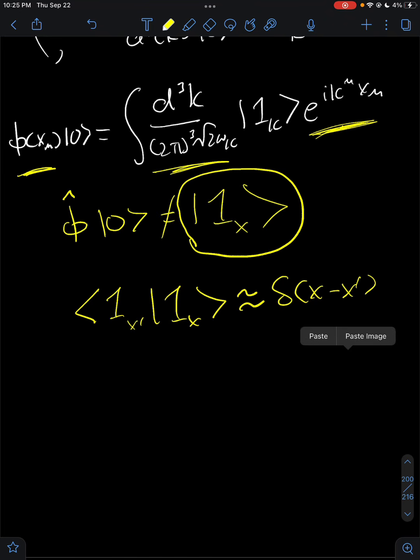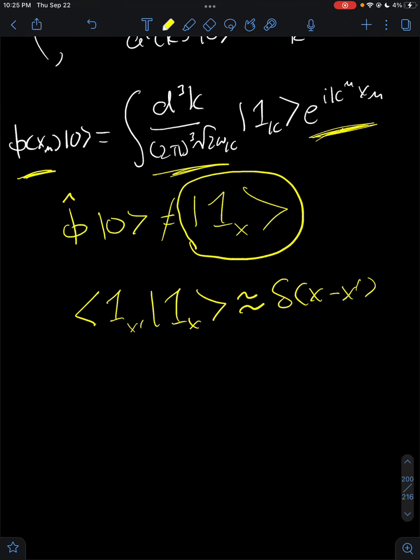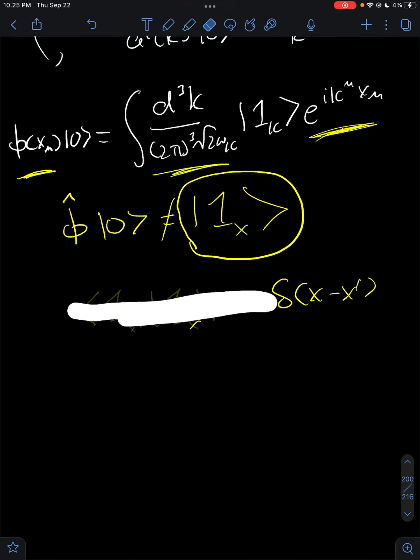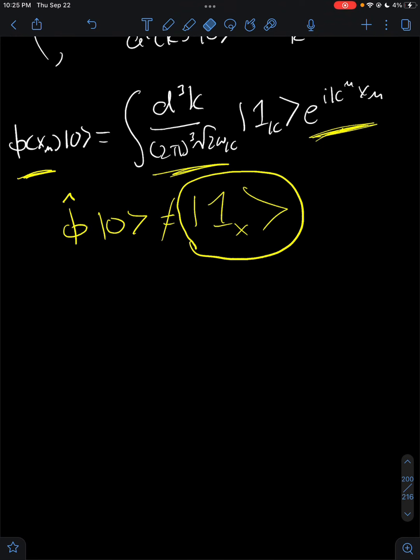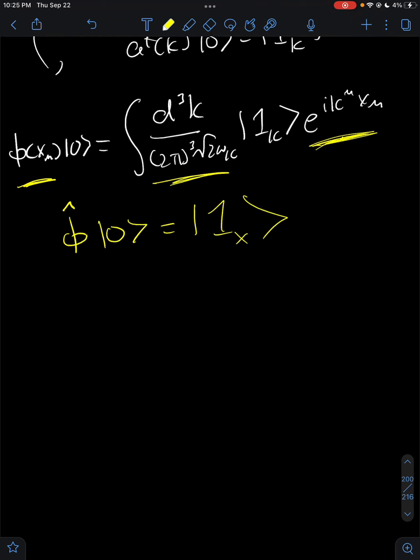So it's technically a lie, but it's a good enough lie for now. We'll prove that it's not exactly a delta function in the next video or the next two videos, when we start talking about propagators. But this tells us that our field acting on the vacuum state gives us something that is sort of a position state, but not exactly. For our purposes, it's just going to be a position state.